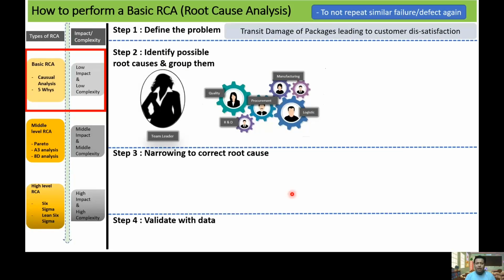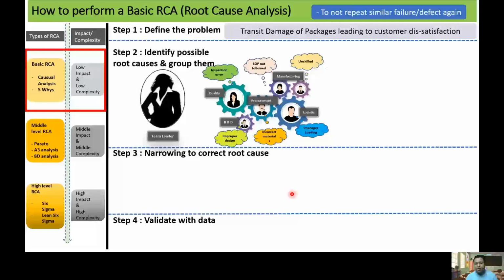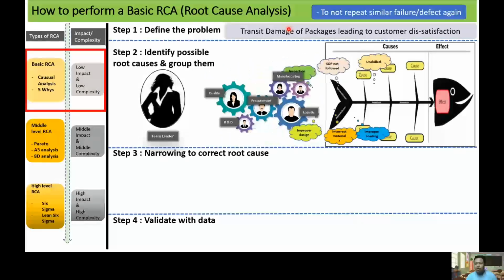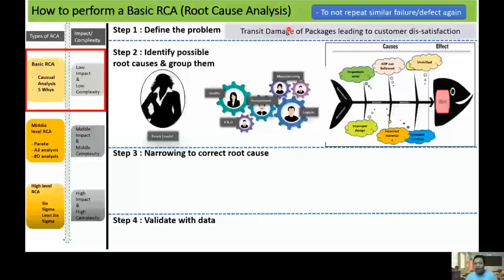Once the cross-functional team is formed, the team is required to carry out a brainstorming session where all the possible root causes which would lead to this problem of transit damage are identified. Once all the possible root causes are identified, they are required to be grouped under similar categories.